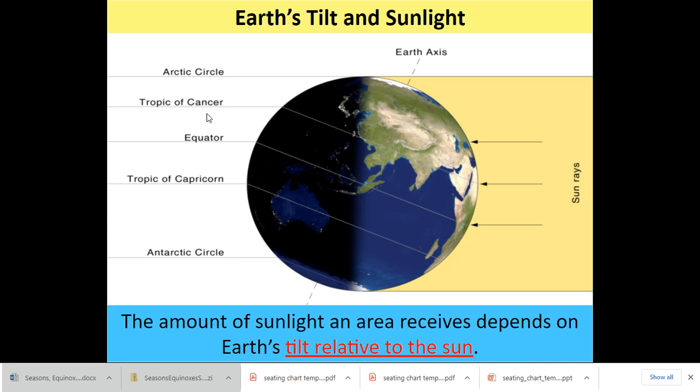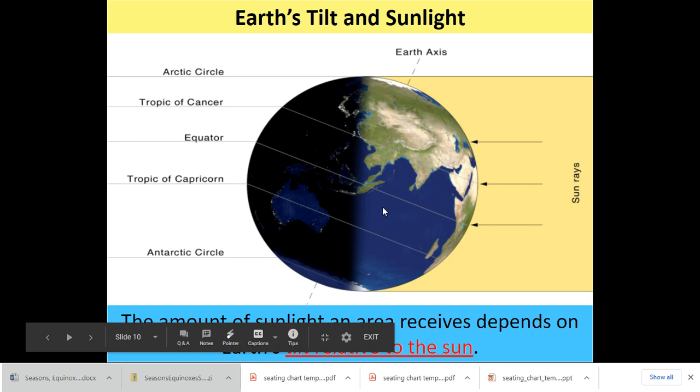The equator runs through the center of the Earth, and the area north of that is the northern hemisphere. We are currently experiencing summer in the northern hemisphere, and the southern hemisphere, which is all the area south of the equator, is experiencing winter.